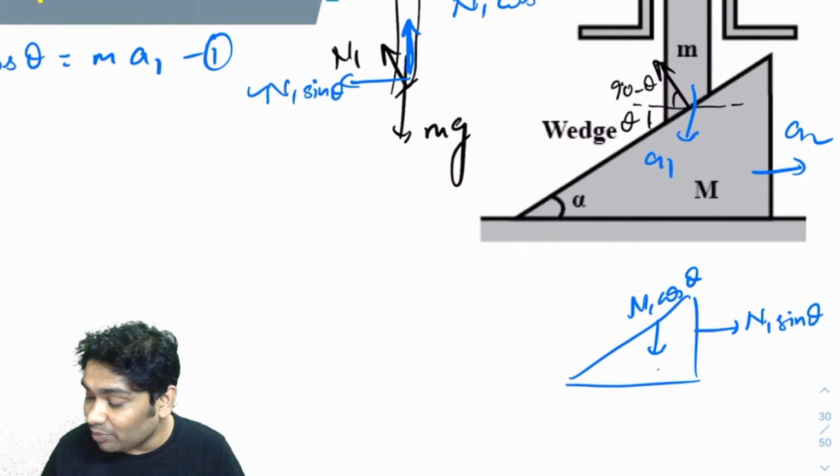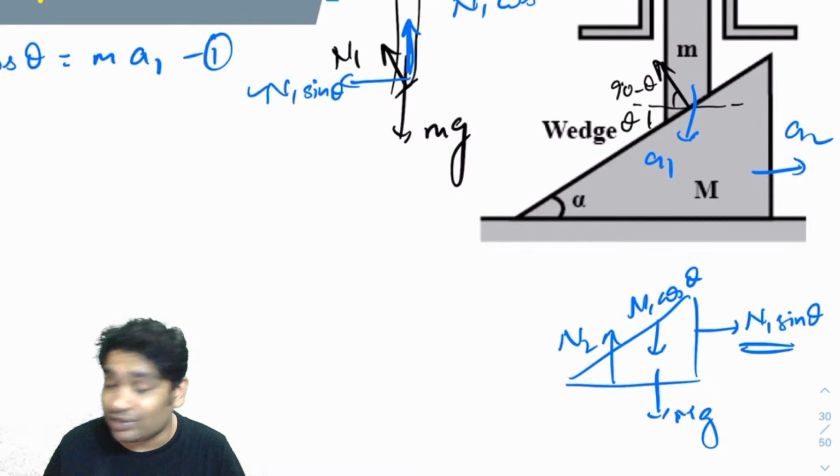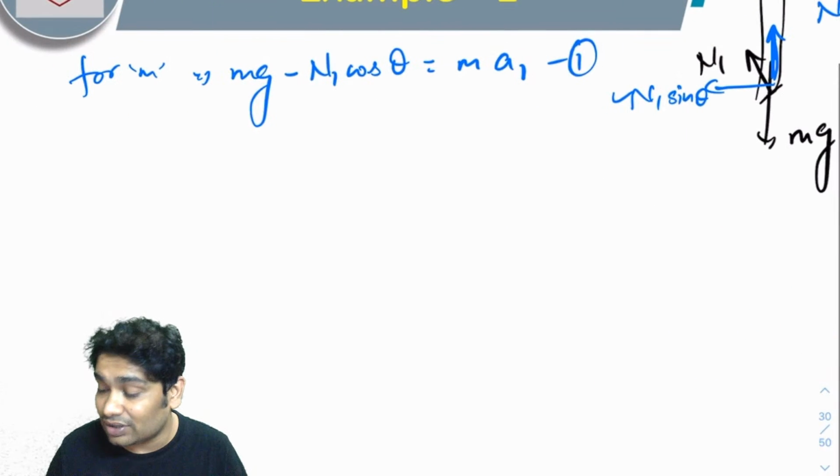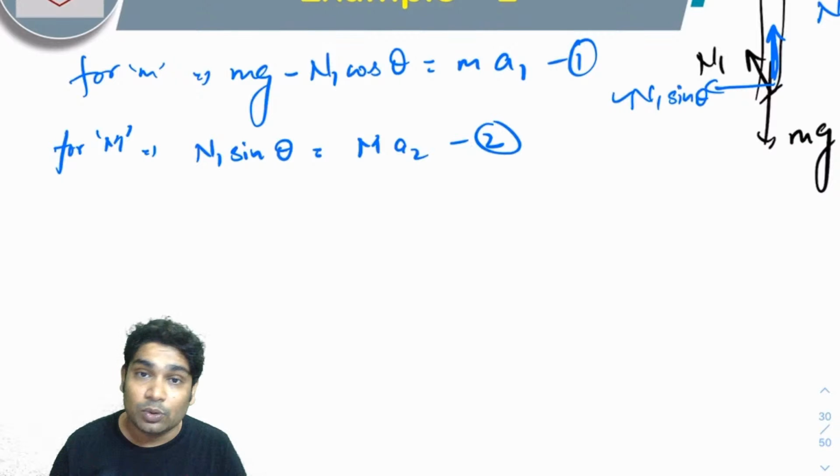Then it would be feeling some mg, and of course it would feel some ground N. So in this direction, the only force causing the acceleration is n1 sin theta. So now for capital M, I can write n1 sin theta would be equal to capital M A2. So this is my equation number 2.